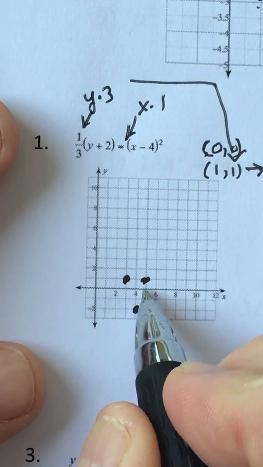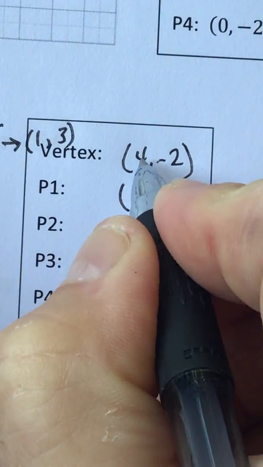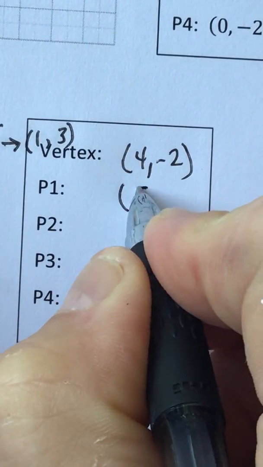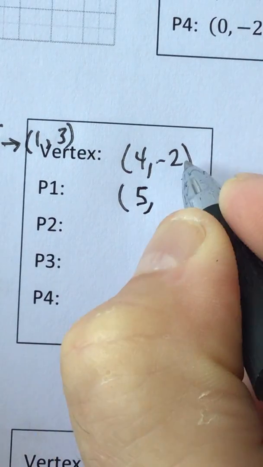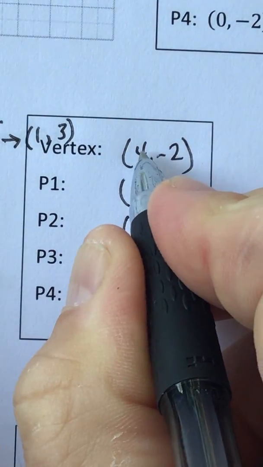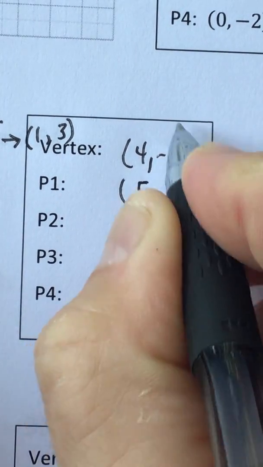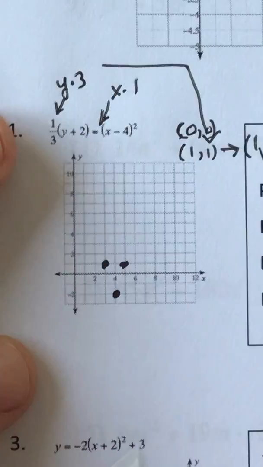You can count it. That dot right there is at 5, 1. So see how we went over 1 from the vertex to make it 5. Then we went up 3. Then the other dot, from the 4 we went left 1, making it a 3, and then the y part went up 3. So there's those 2 positions.